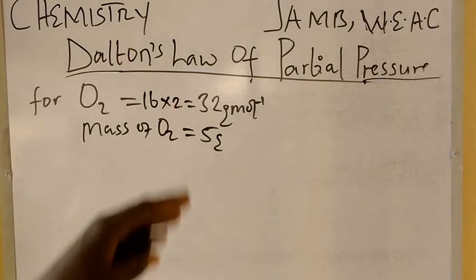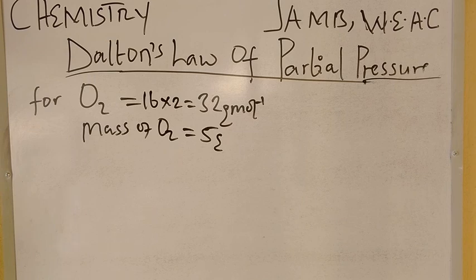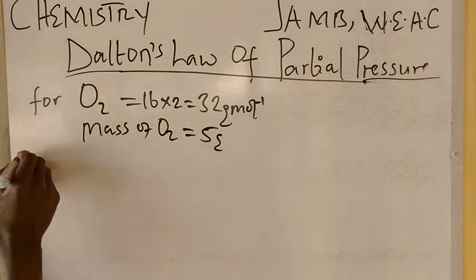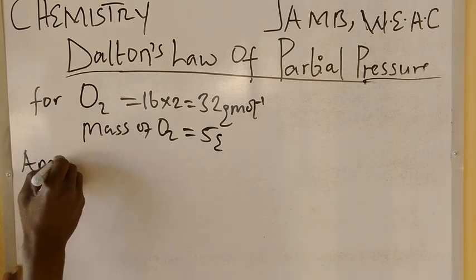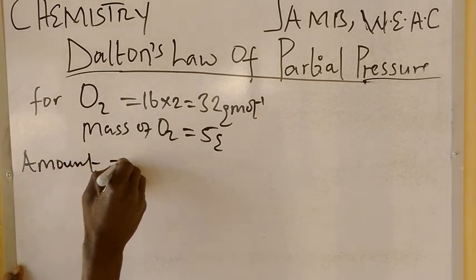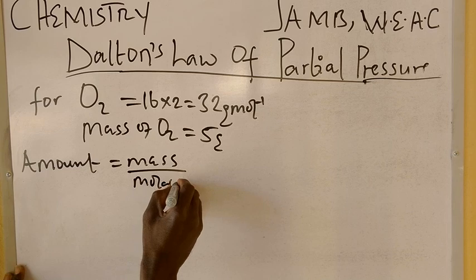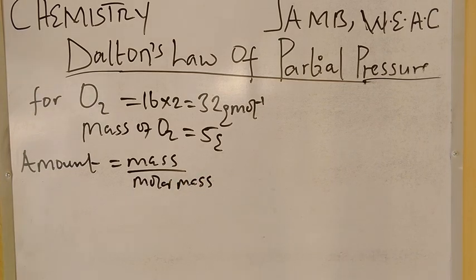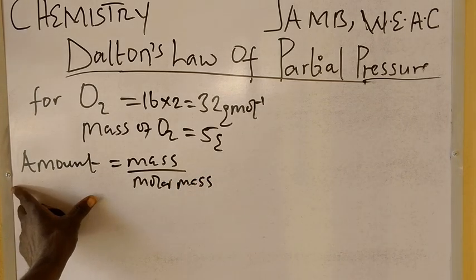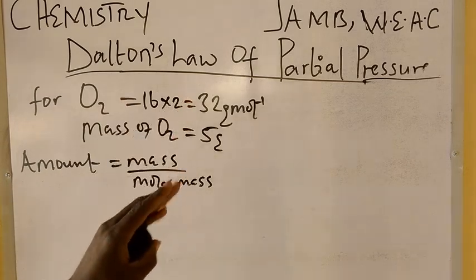Now, if I get my amount, from there I should know what to do. You know that amount, or what we call the number of moles, is equal to mass over molar mass.